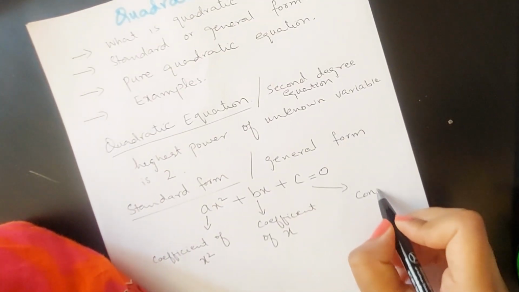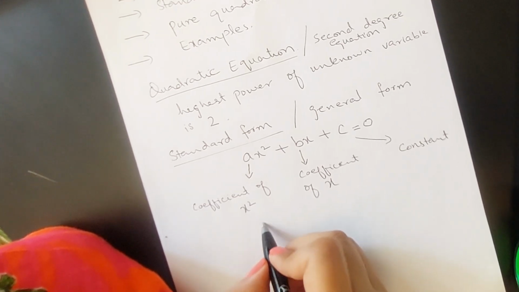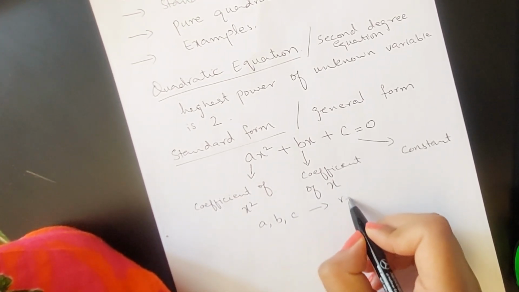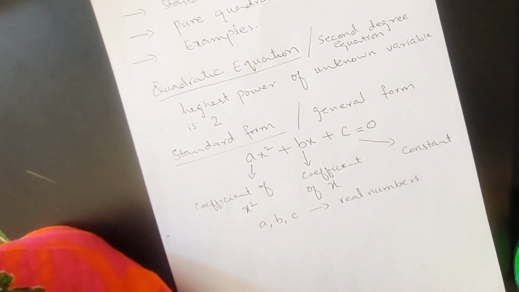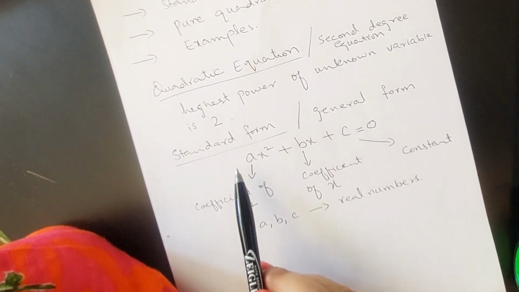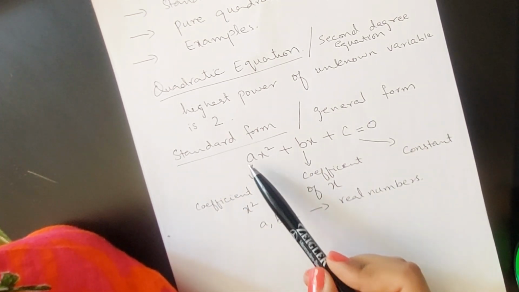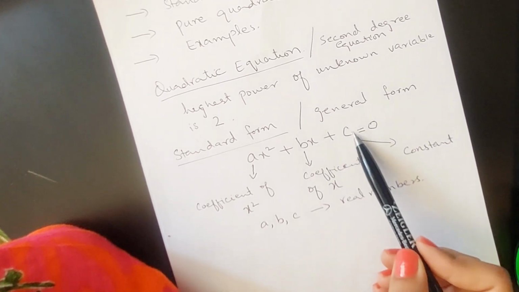C is the constant, right? And a, b and c are the real numbers, right? So I've explained you the general form, that is also called standard form, in which I've explained you about the coefficients and the real numbers.